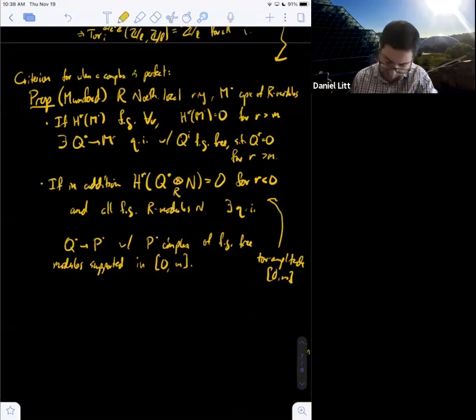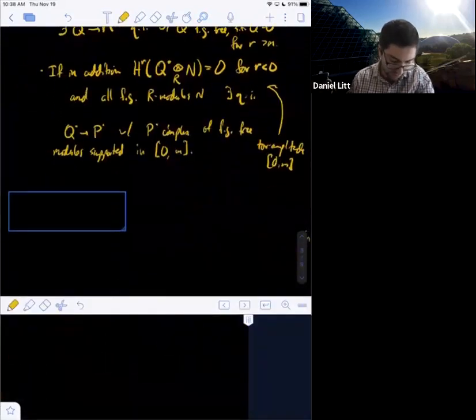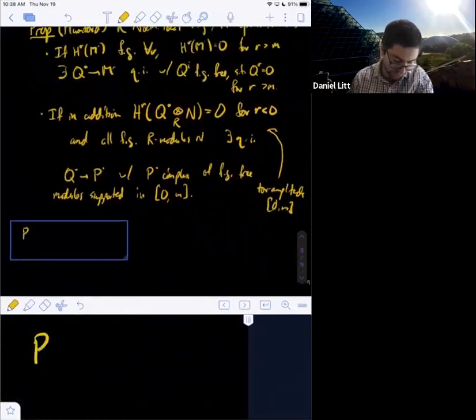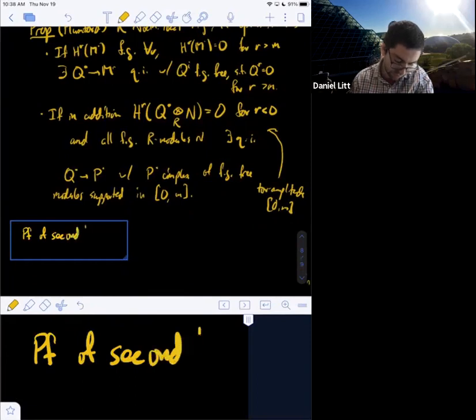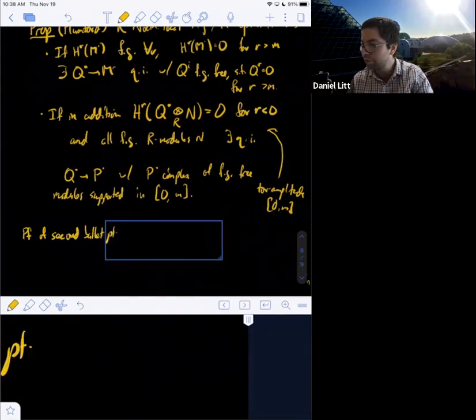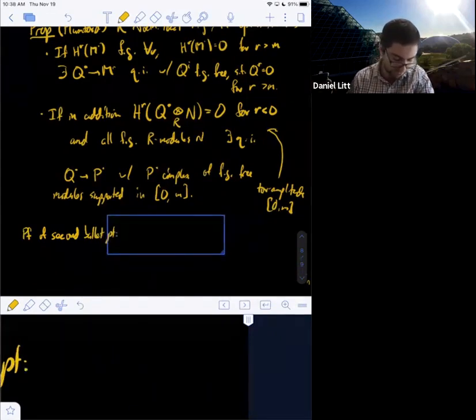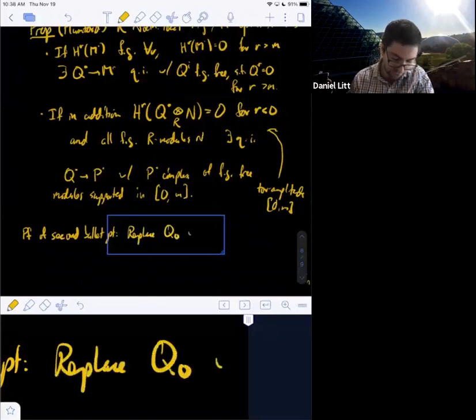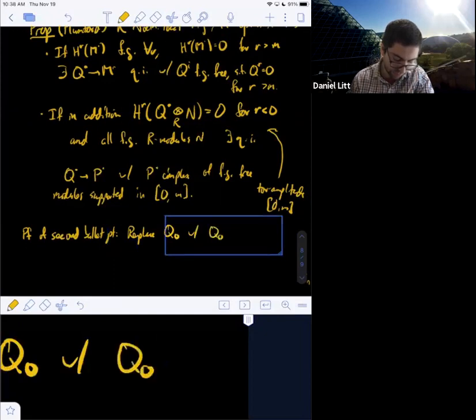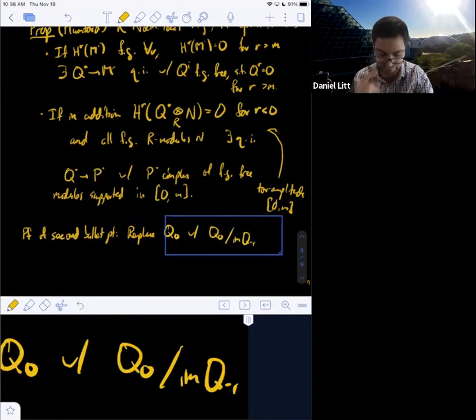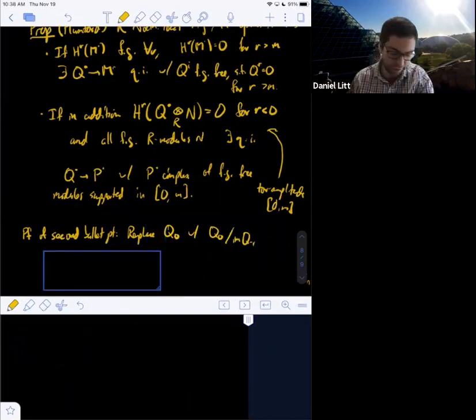So the proof. Let me just say a word about the proof of the second bullet point. So it's actually pretty easy. So you just replace Q naught with Q naught modulo the image of Q minus 1, so like d of Q minus 1, and then what do you have to do?